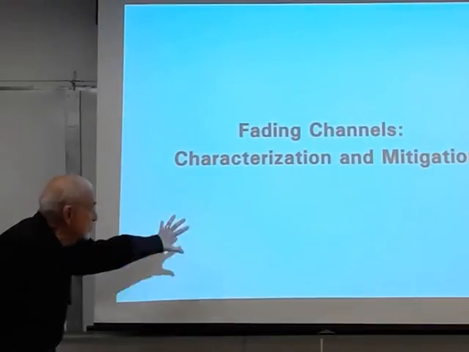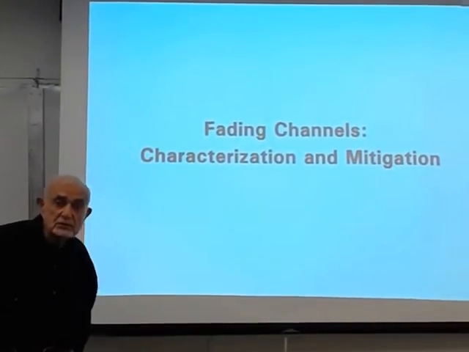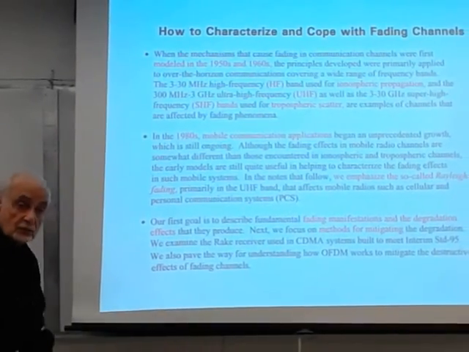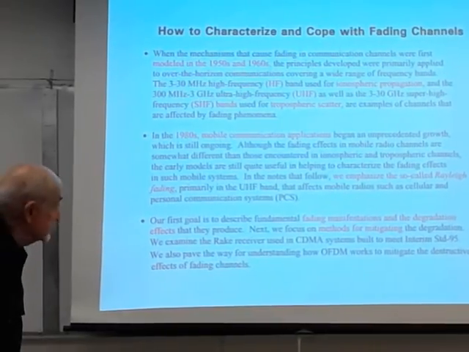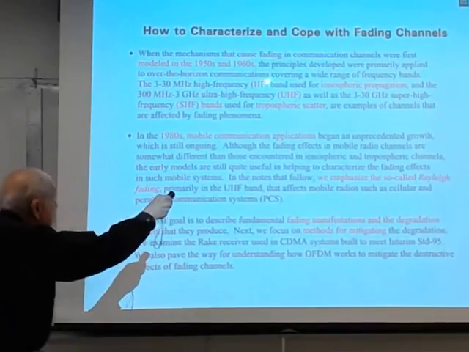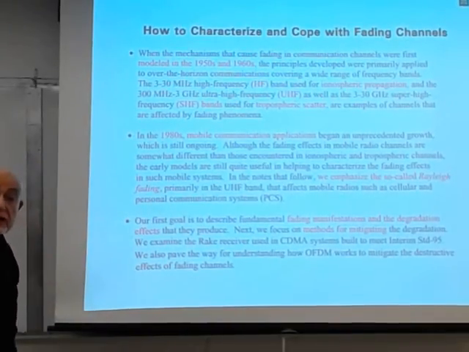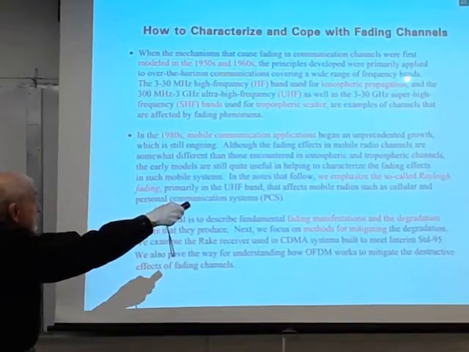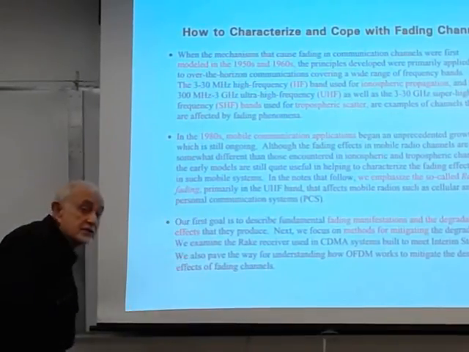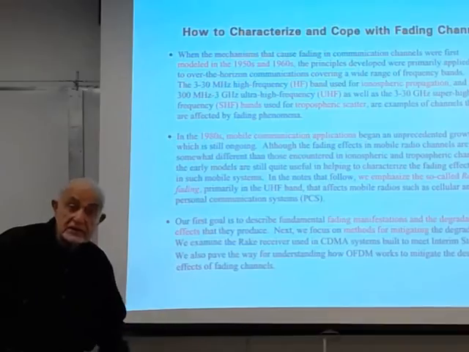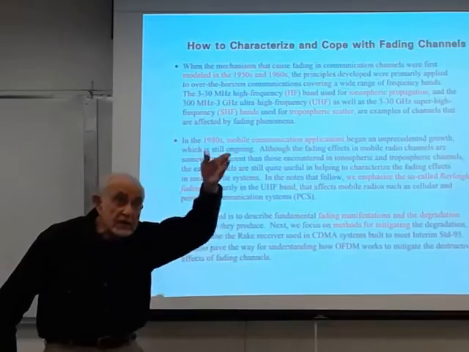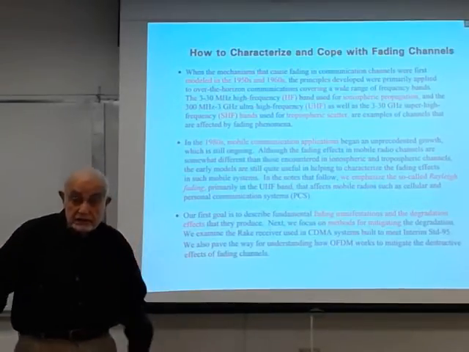Fading channels: first we'll characterize them, and then we'll try to fix the degrading effects. I'm not going to read this whole thing to you, but this is just to give you an idea that it started a long time ago in the 50s and the 60s when we used the HF band for over-the-horizon communication in ionosphere propagation, and the UHF and SHF bands were used for tropospheric scatter. It was in those early days that the idea of multiple paths was first seen, hitting various layers of the atmosphere that reflected in different ways and gave you different paths.